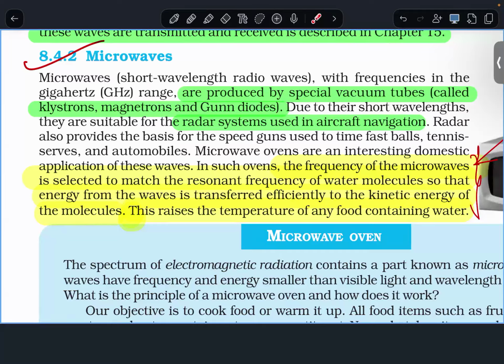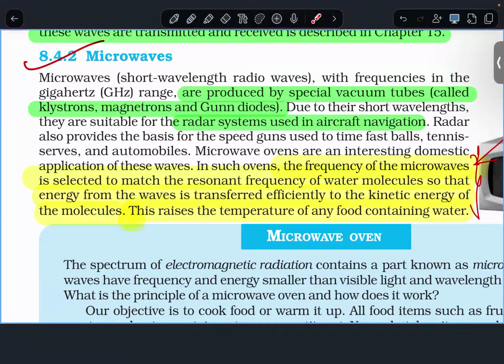In microwaves, this area has appeared very, very many times in exams. The frequency of the microwaves is selected to match the resonant frequency of the water molecules. Basically, most of our food items contain water. Whatever you prepare, samosa, puff, rice, vegetables, some water content will be there.